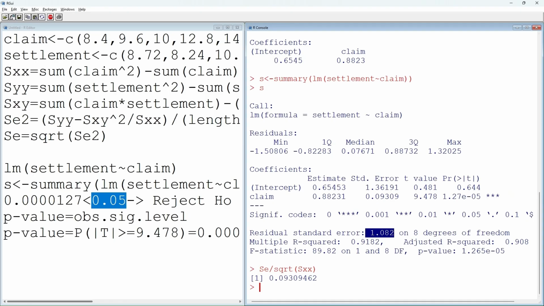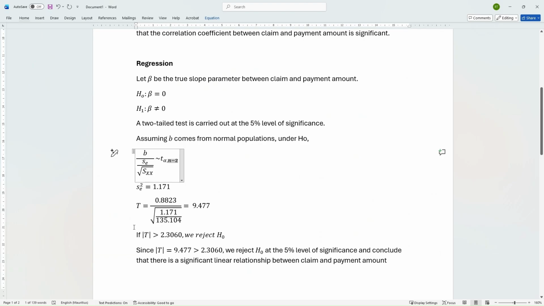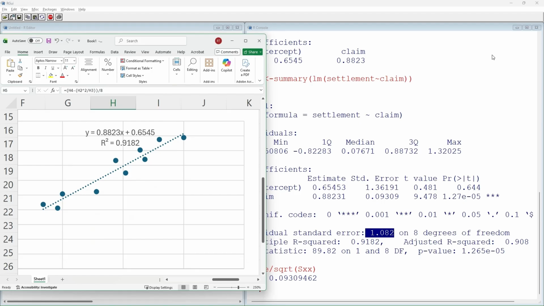Now, what is this residual standard error? The residual standard error is 1.082. We've already been talking about that. Here we go. It is the square root of this 1.171. So that is the residual standard error.